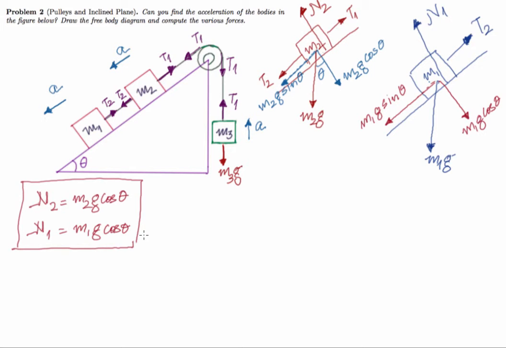Now we'll write the F equals ma equations for everyone. So for M1, it would be the total resultant force. Acceleration is in the downward direction. It will be just M1g sin theta, and there's an opposing force of T2, equal to M1a.